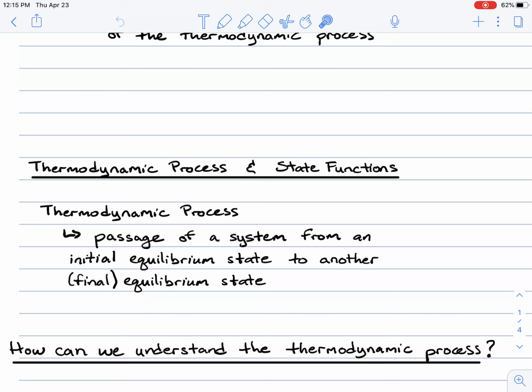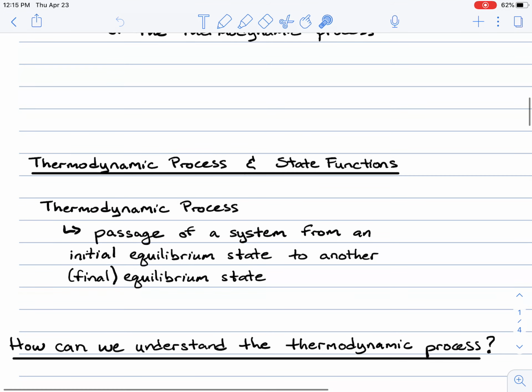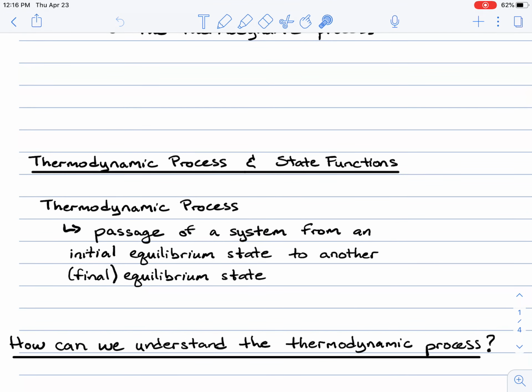For a chemical reaction, there are lots of microtransactions occurring in terms of energy and in terms of the conversion of one substance to another that it's really hard to keep track of. It's impossible to keep track of actually on a microscopic scale, just because we simply can't see it.